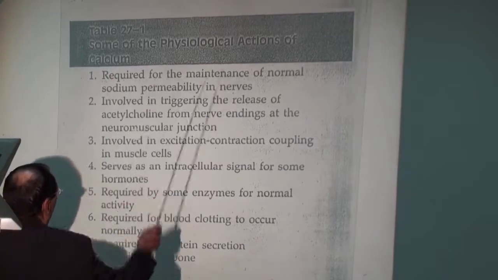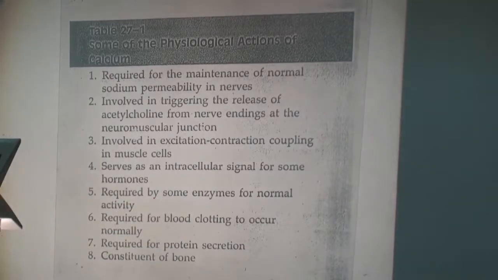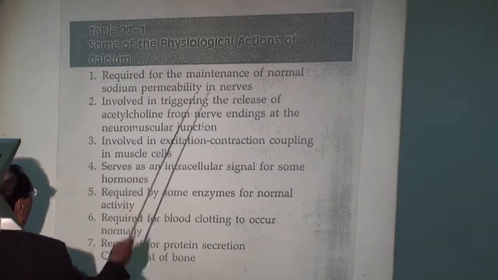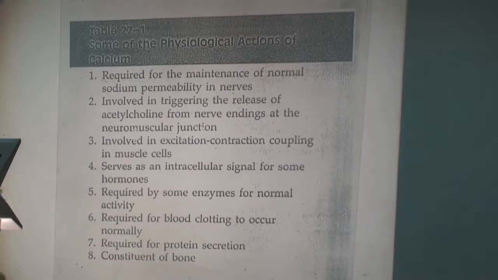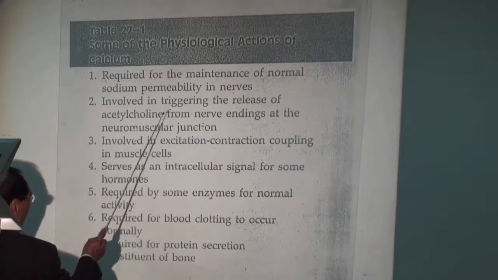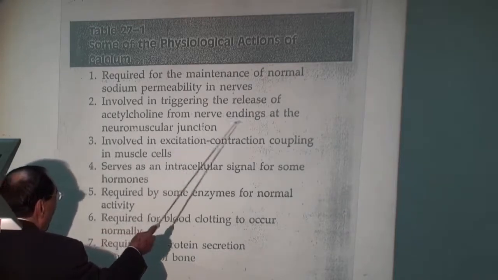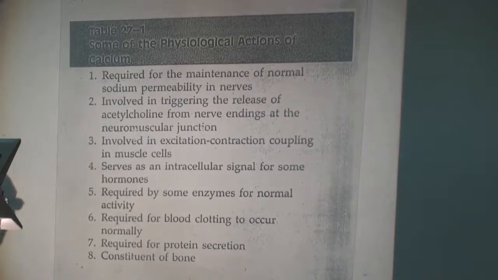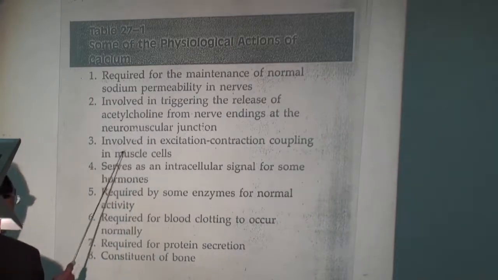First, it is required for the mechanism of normal sodium permeability in nerves. You remember the release of acetylcholine needs calcium. It is involved in triggering the release of acetylcholine from nerve endings at the neuromuscular junction.